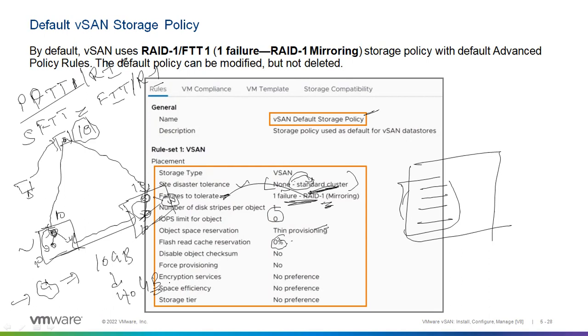In this scenario, you don't need to spend money on any kind of DR solution, SRM and all. Got it? Your stretch cluster is protecting you against complete site failure. Don't worry, we have an entire module on stretch cluster, but from a policy perspective I want to explain here.